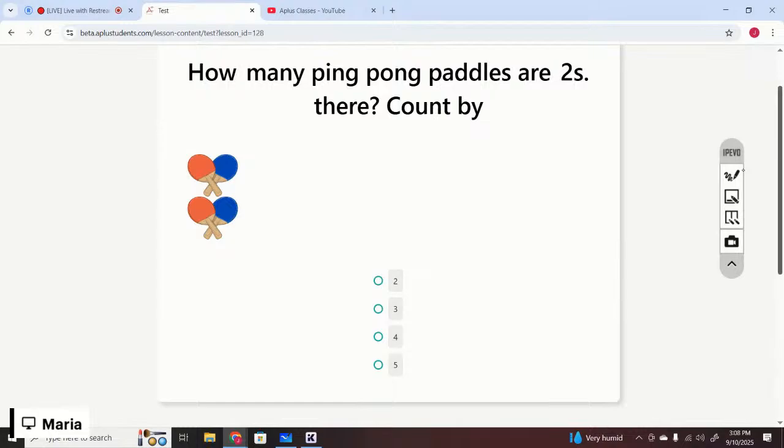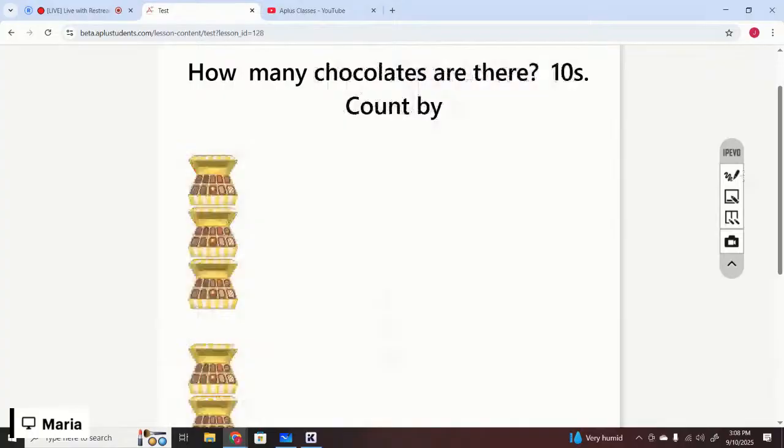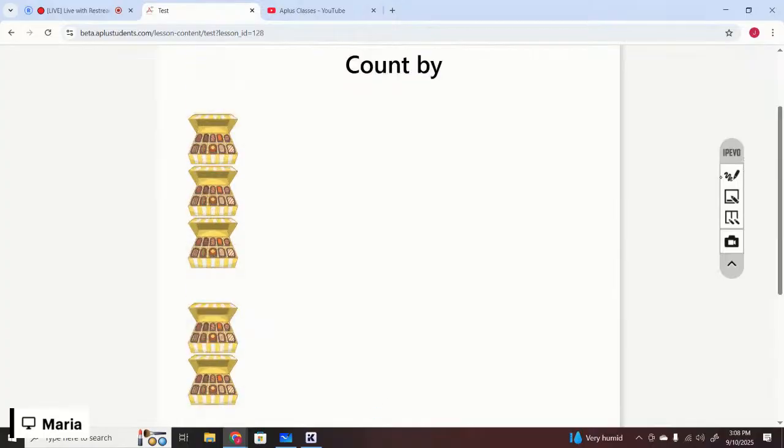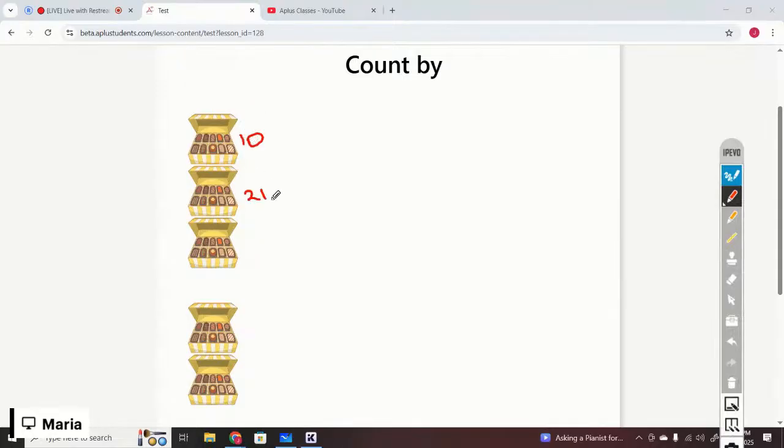Count by 2s. 2 and 4. The correct option is 4. Option number 3 is the correct option. There are 4 ping pong paddles. How many chocolates are there? So there are 10, 20, 30, 40, and 50.